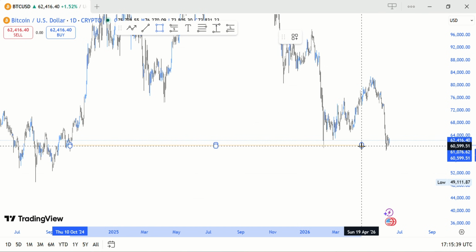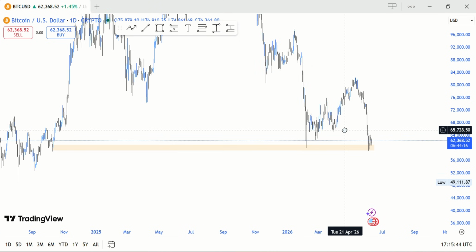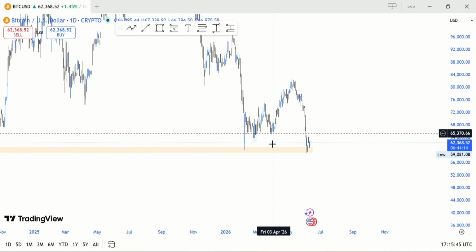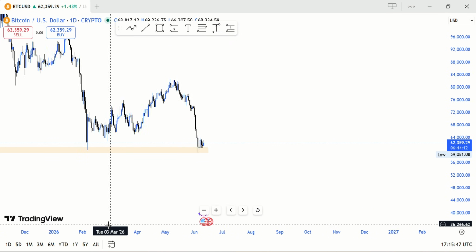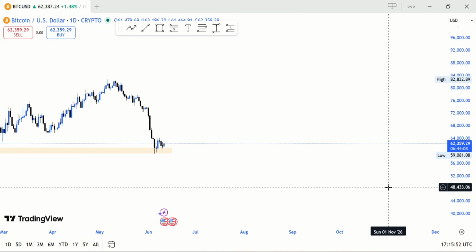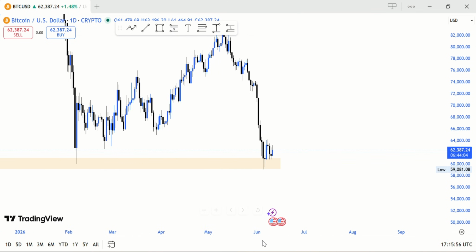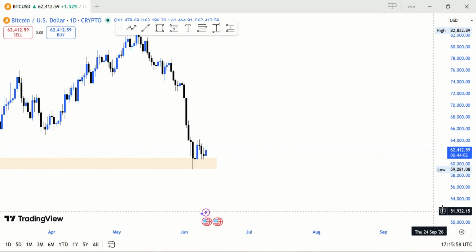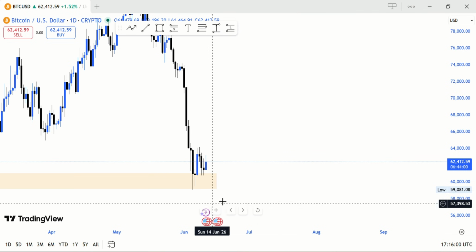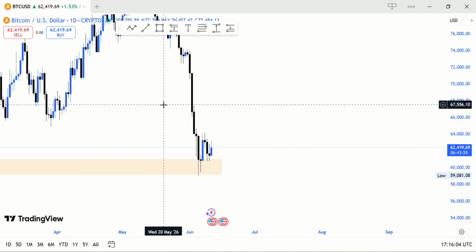So the market is currently at this point. So all we just need to do is to come to our main focus, which is this region where the market is at now currently.